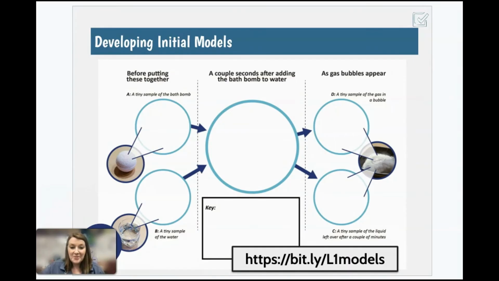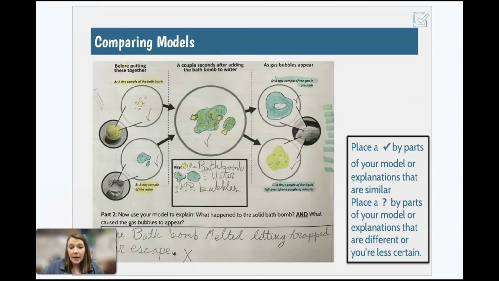All right, now that you have finished up your model, I'm going to show you one of my students' models, and I'm going to ask that you do a little bit of comparison. Anywhere there are parts of your model that match this one, put a check mark. And anywhere there's either a difference or you're just less certain, go ahead and put a question mark.